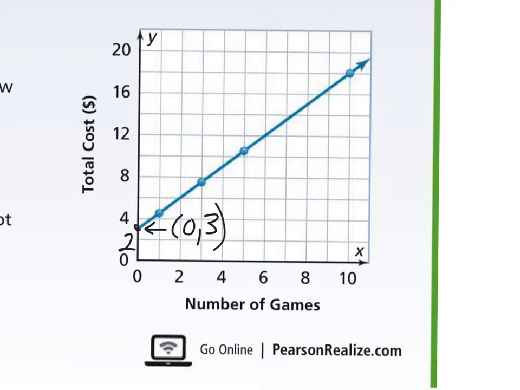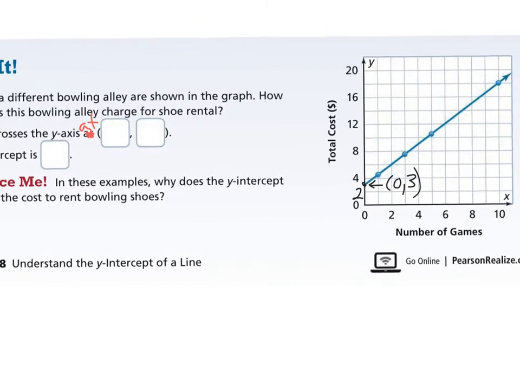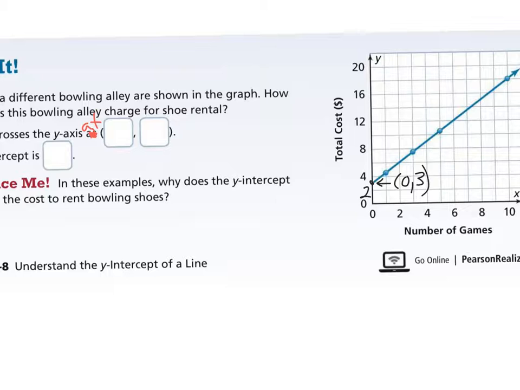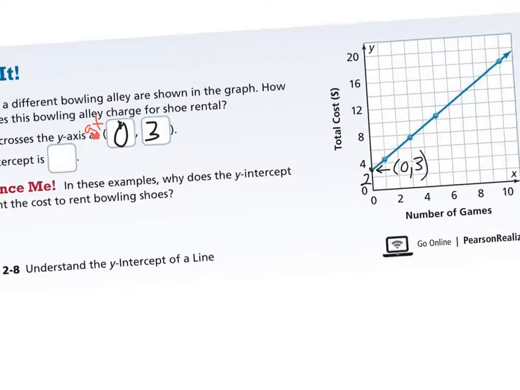Again, not always going to be an exact point, so this is probably not the most reliable way for us to tell the answer to this, but really none of the points they gave us except for the last one, the (10, 18), is the only point that comes out very nicely there.